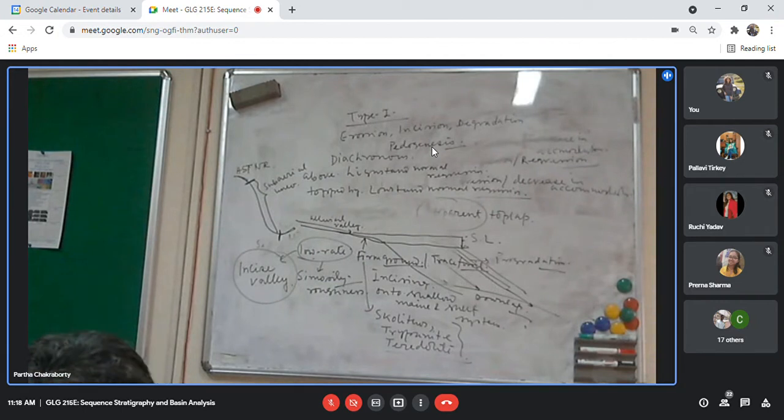I identify it by the pedogenesis, by the firm ground formation, and by the presence of different kinds of trace fossils. These are my criteria for that part where I am not getting the river system directly overlying. Where the river system is coming, there I get the incision. What about where I do not get the incision?